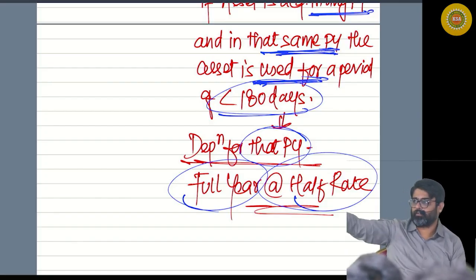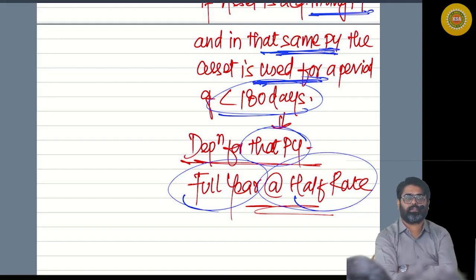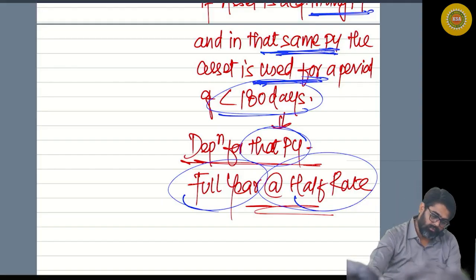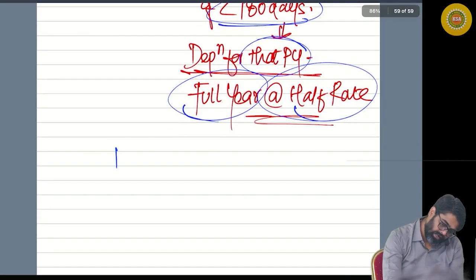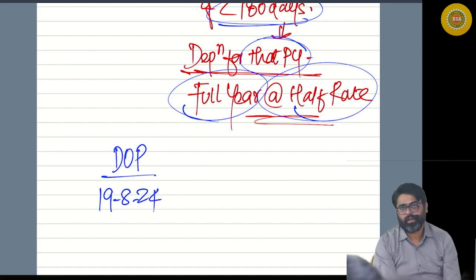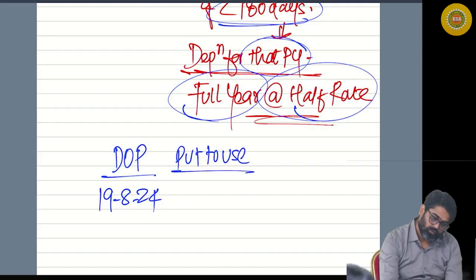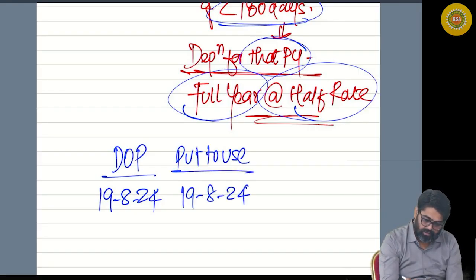Few case studies. One, asset acquired on 19th of August 2024. Date of purchase 19th August 2024. And it was put to use. Let's assume that it was put to use on the same date.